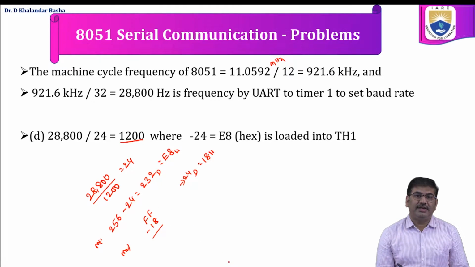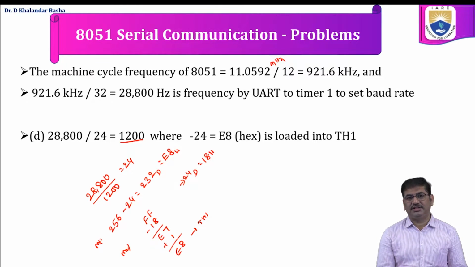F minus 8: F is 15, 15 minus 8 gives us 7. F minus 1: F is 15 in decimal, 15 minus 1 is 14, which in hexadecimal is E. So we get E7. The count is starting with 0, so for inclusion of that, we have to add plus 1. So the count which we have to load into the TH1 register is E8H.